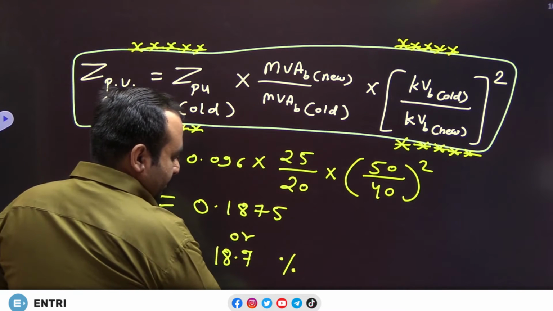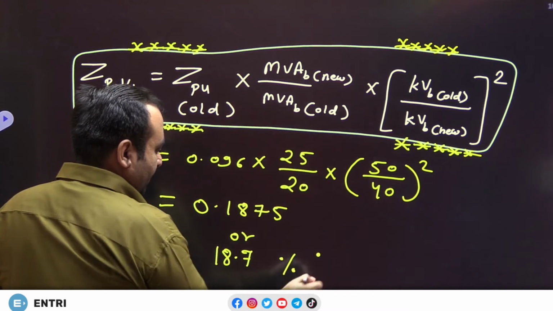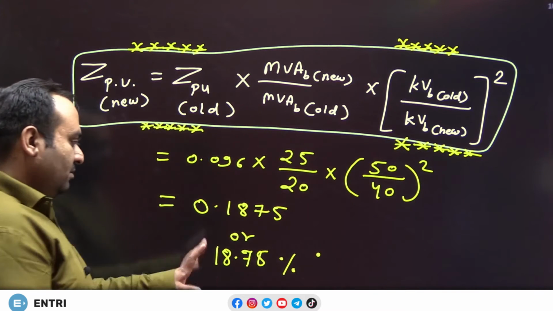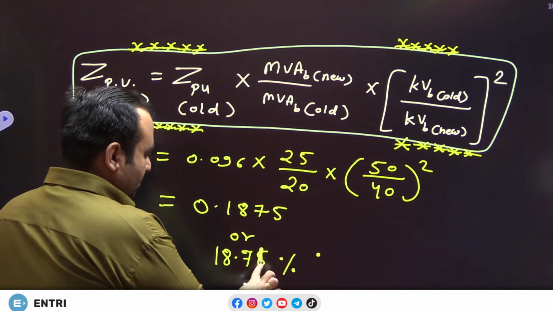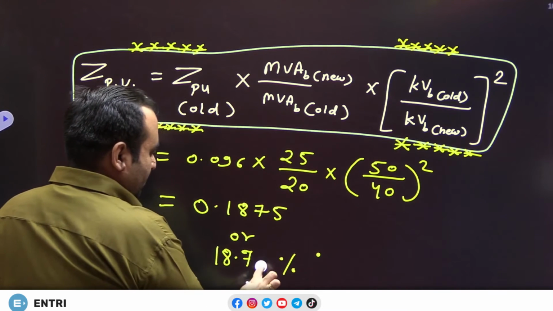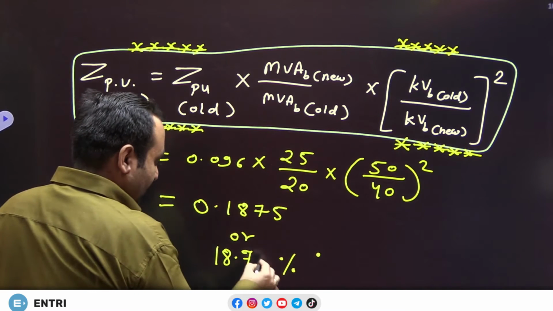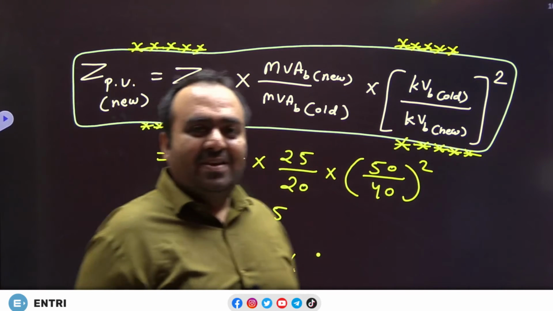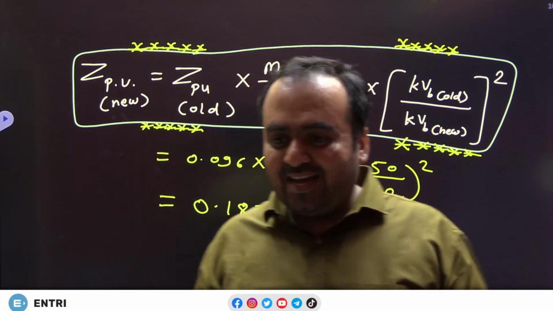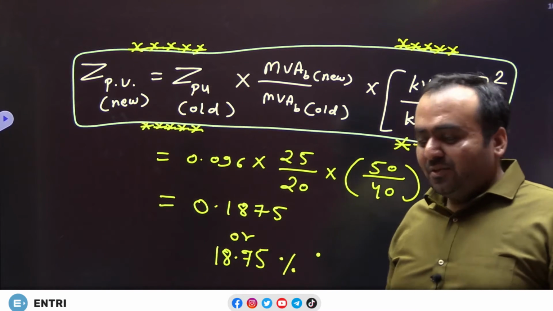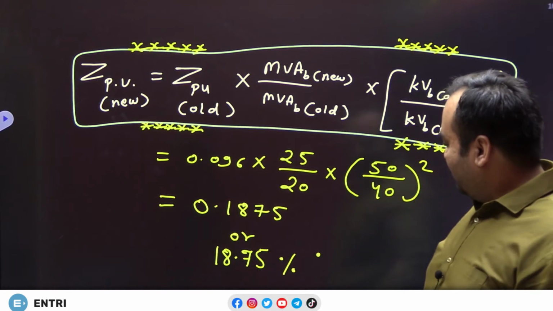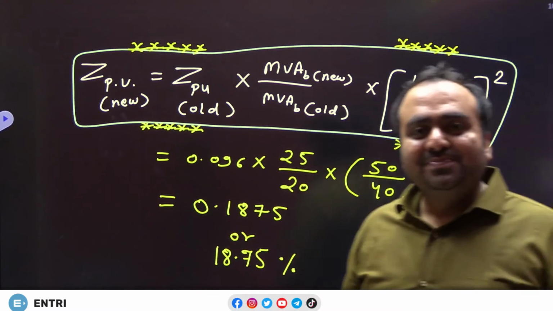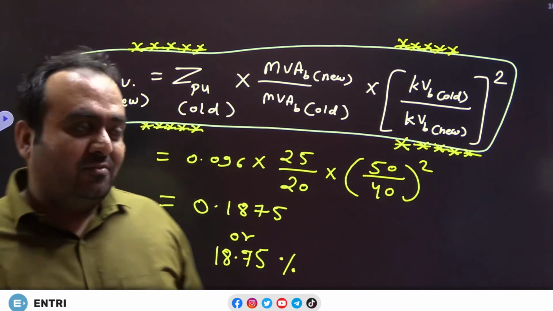Right? Let the 5 come correctly. Is this okay? A very sensitive board this is, that's why the overlapping happens sometimes. So 18.75, and then only God knows where this dot came from. So let us make it disappear. So 18.75 is of course the answer.